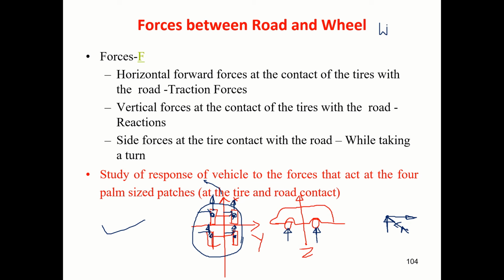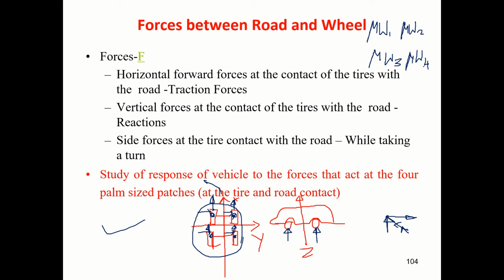You can calculate the load on each wheel, W1, W2, W3. Each load, if you calculate the load based on the condition, what is the load coming on this? This, if you multiply by mu, you can find out traction forces.